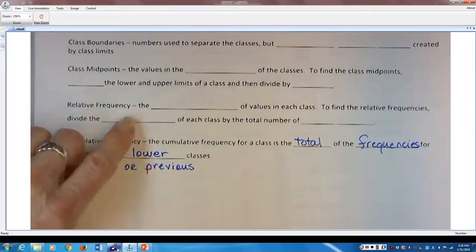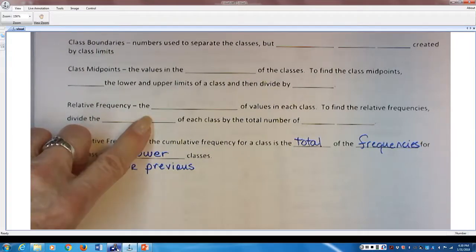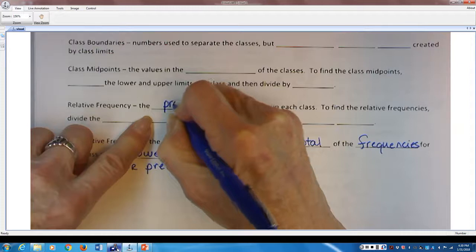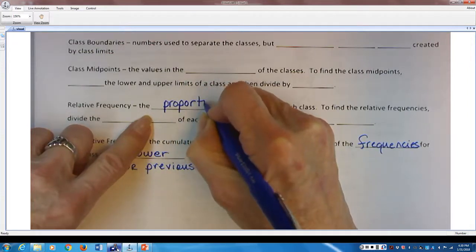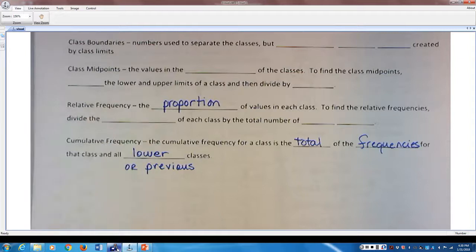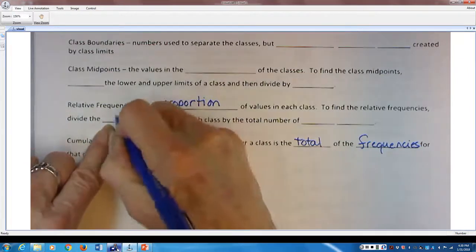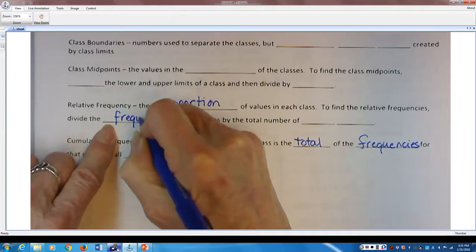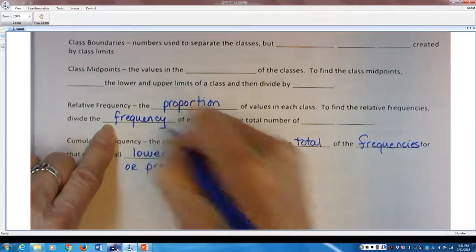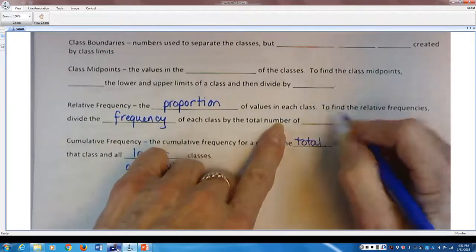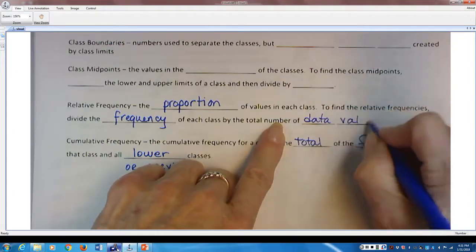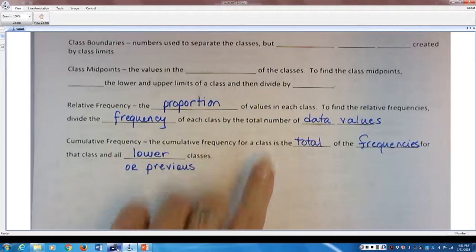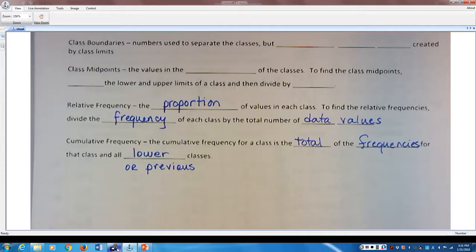Relative frequency is the proportion. We'll use that word a lot in statistics. The proportion of values in each class. To find the relative frequencies, divide the frequency of each class by the total number of data values. Okay?